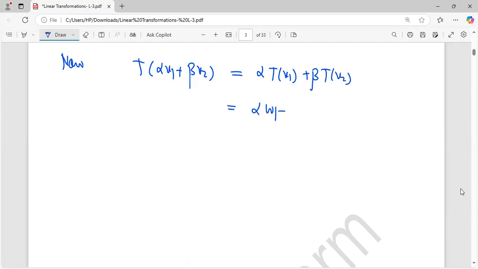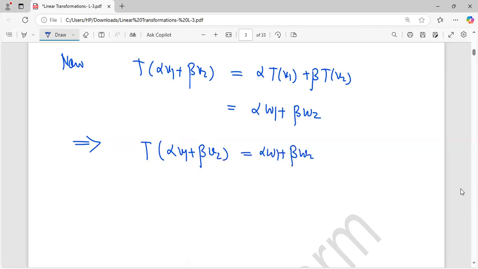What is this? This is W1, this is W2. So this implies T of alpha V1 plus beta V2 is equal to alpha W1 plus beta W2.